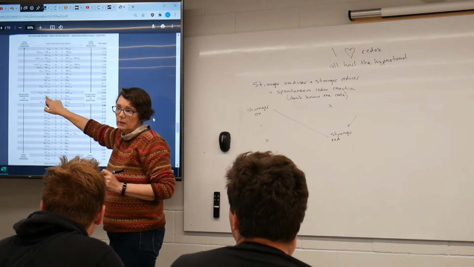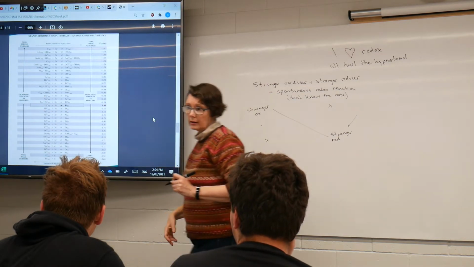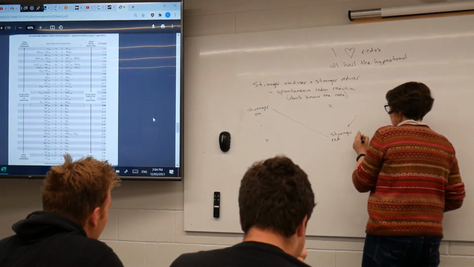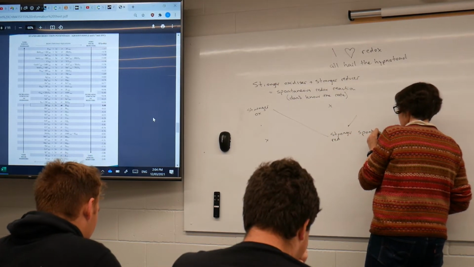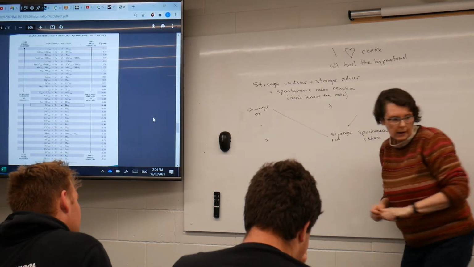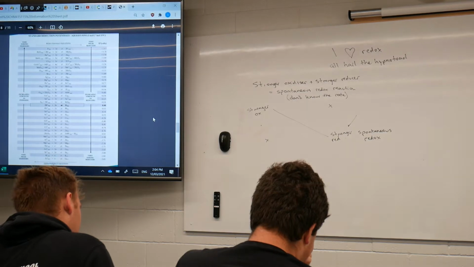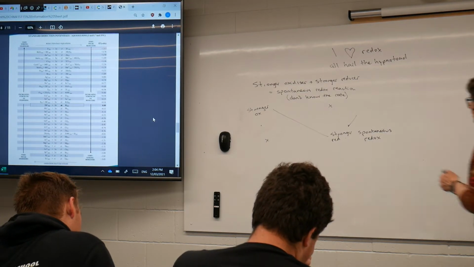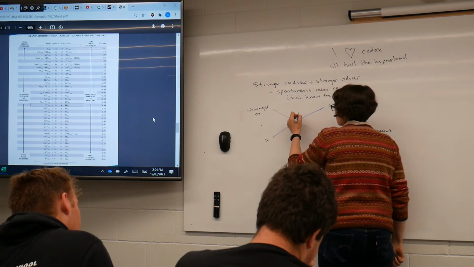Nothing happens. That's what happens if you get them around the other way. Okay? So this one is a spontaneous redox. And the other way is no reaction.